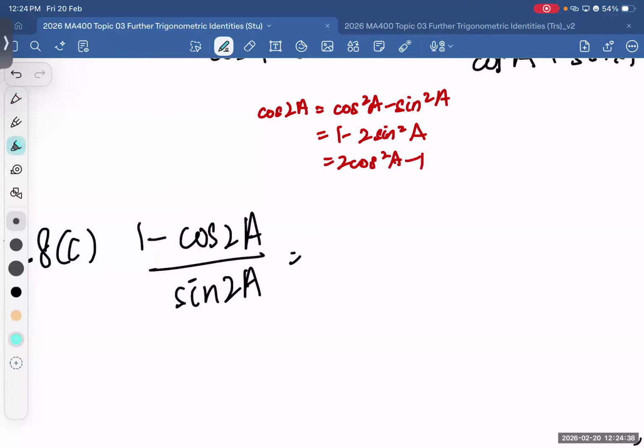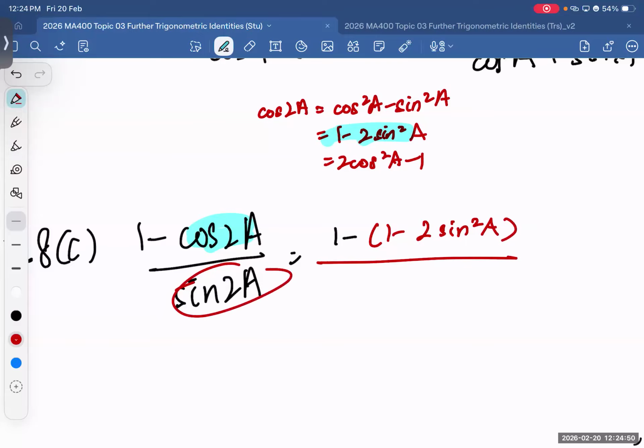I'm going to choose this and put here, 1 minus 2 sine square a, because that allows me. And the bottom, I'm going to expand as well: 2 sine a cos a. What do you realize? The 1 is cancelled off. The 2 will be cancelled off. Sine also can cancel off. You are left with minus 2 minus sine a over cos a.